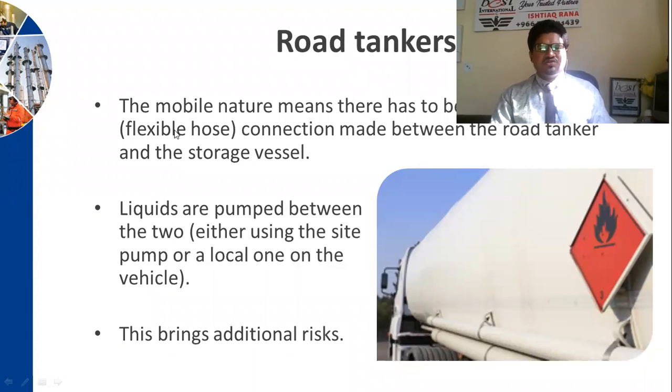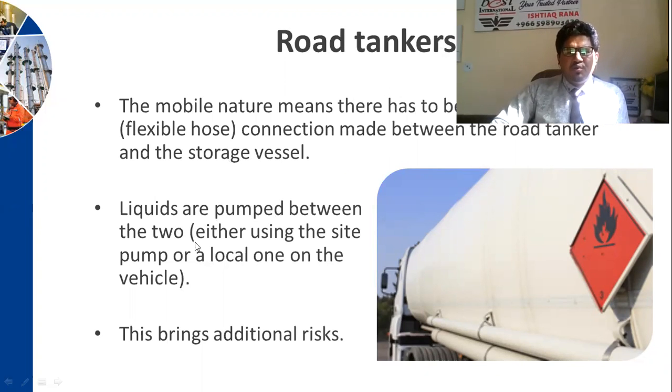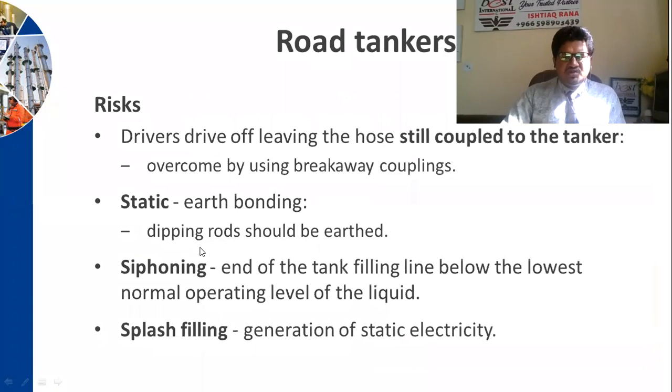Road tankers: the mobile nature means that there have to be temporary flexible hose connections between the road tanker and the storage vessel. Liquids are pumped between the two, either using the site pump or the local one on the vehicle. This brings additional risk for sure.